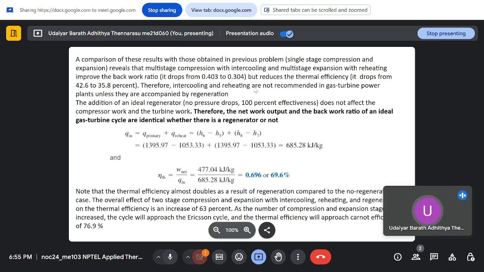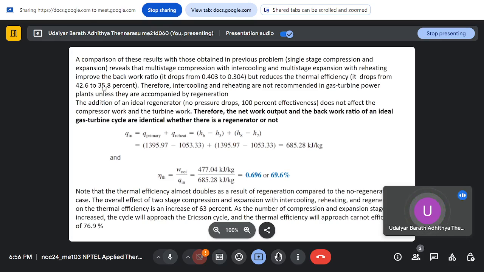If you see, this is one problem where you have reduced to 35.8% efficiency, assuming that your compressor and turbines are operating at 100% efficiency. If that efficiency comes down, this efficiency will go down further. In the previous single stage problem, the efficiency of the turbine and the compressor were around 80 and 85%, and your whole cycle efficiency dropped from 42.6% to 26%.